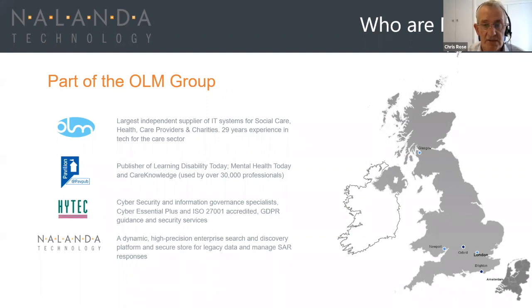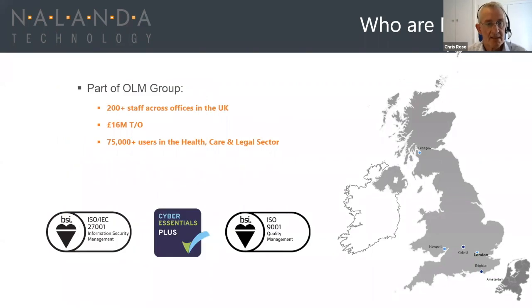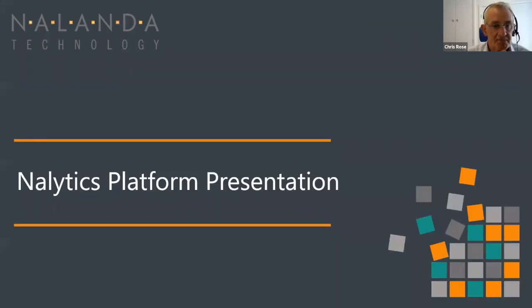It's designed to be used in a number of different settings, but today we're going to focus on subject access requests. The group is large, significant, has been around, and in fact, this year is the 30th year of the business. And we have around 200 staff split across our offices in the UK.